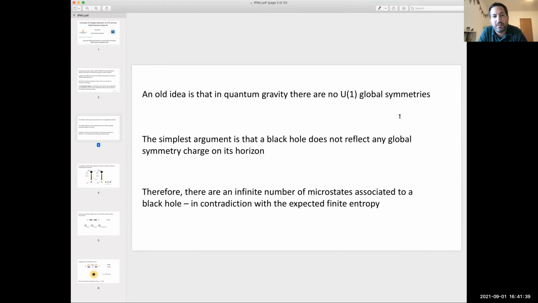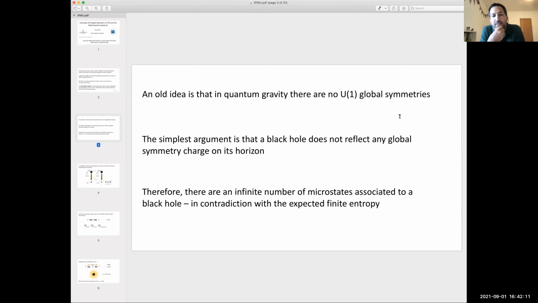So an old idea is that in quantum gravity, there are no U(1) global symmetries. That's an example of a swampland constraint in some sense: there should be no global symmetry. The simplest argument for this is that we can consider a black hole, and there's a no-hair theorem, which says that it does not reflect any global symmetry charge that it might carry on its horizon.